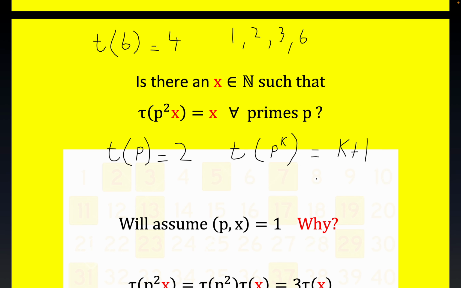Now notice that this wouldn't hold up. We've got to be slightly careful, because notice that if p was equal to 3, then in other words, tau of 3 times 9 would be 3 over... you would have 3, 9 equal to 1.